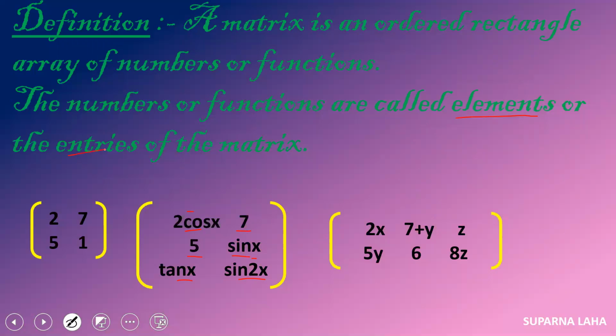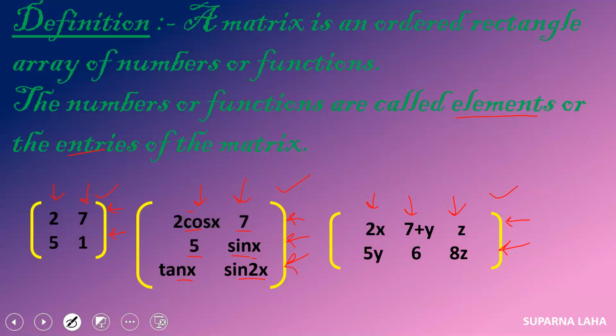Here I am taking these 3 matrices. Look, the first one has 2 columns and 2 rows. The second one has 2 columns but 3 rows. The third has 3 columns but 2 rows.